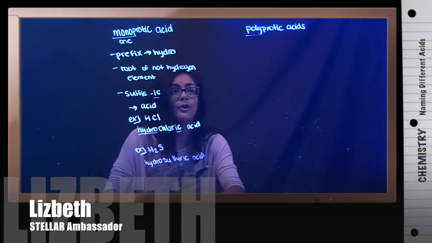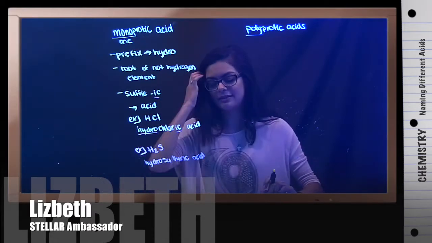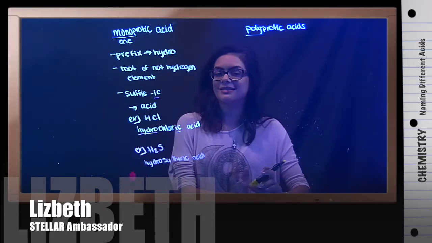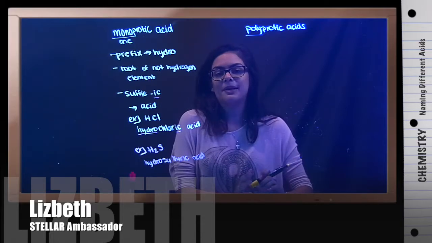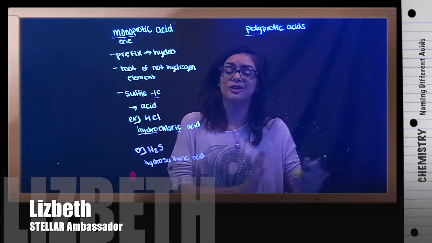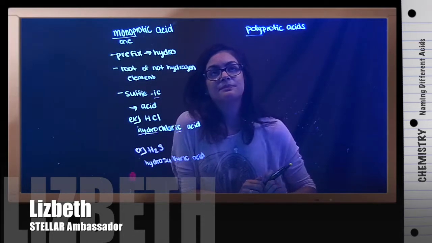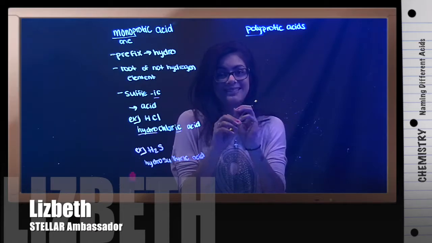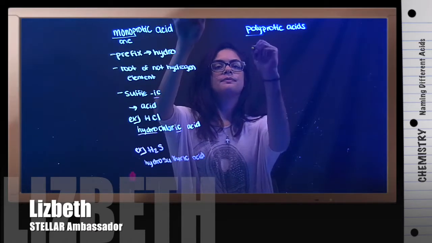Now let's talk about how we're going to name polyprotic acids. So here, polyprotic acids usually have to do with our polyatomics. Polyatomics are things that you have to memorize in order to be able to understand their names and their charges and how they interact with other things. So the first thing we have to consider is if our polyatomic ends in -ate or an -ite.